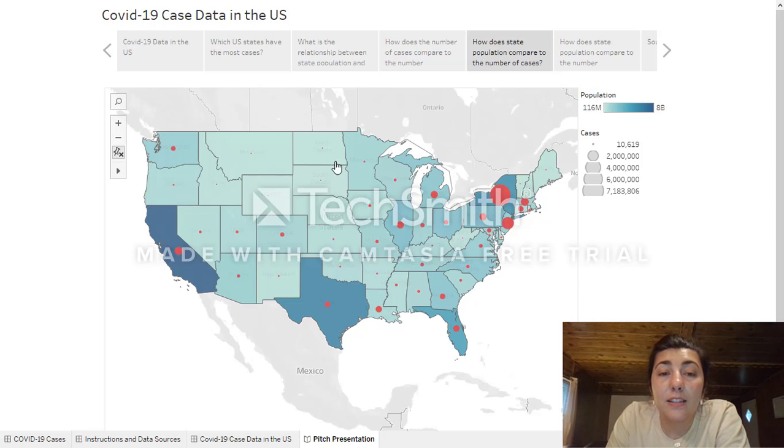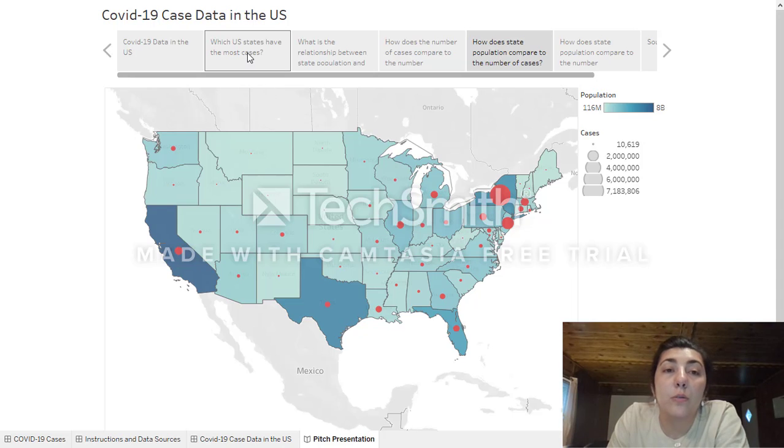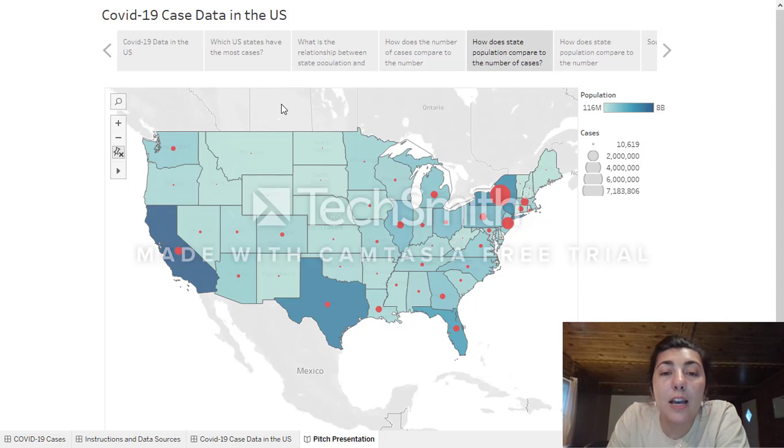And this visualization is very similar to which U.S. states have the most cases, but this helps you to better see the geographic location, which I think is very helpful and very useful whenever you're trying to figure out where most of your cases are coming from.